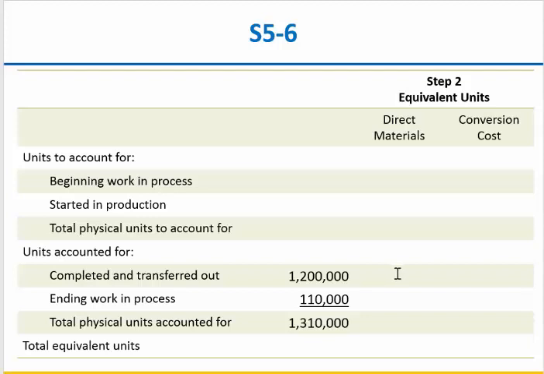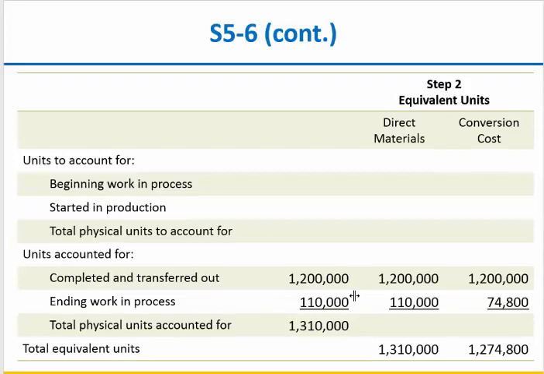So in terms of equivalent units, they should be the same as the number of physical units. Therefore, I'm going to have 1,200,000 and 1,200,000 for these completed and transferred out units.